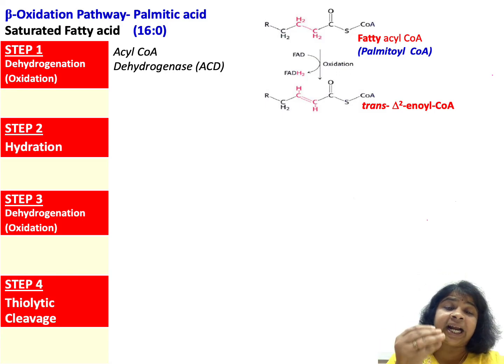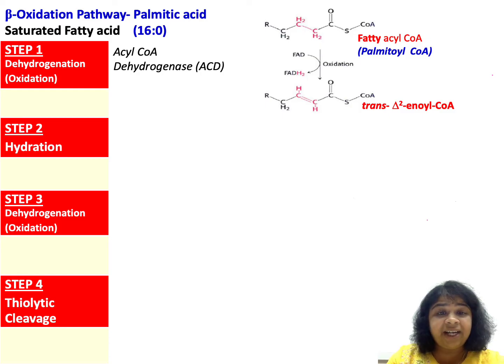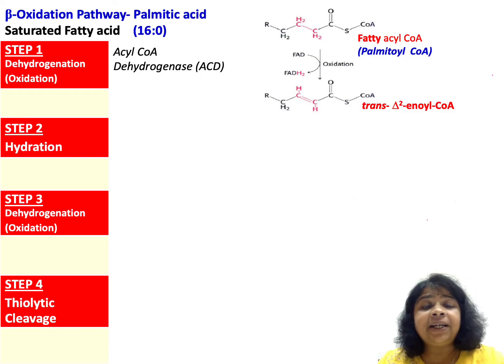So, it is getting reduced to form FADH2, and the fatty acid is now being converted into an unsaturated fatty acid by the introduction of a double bond. This is a trans double bond. So, trans delta 2 because the double bond is present between the carbon atom 2 and 3.